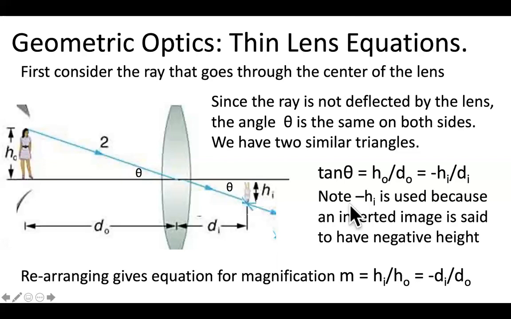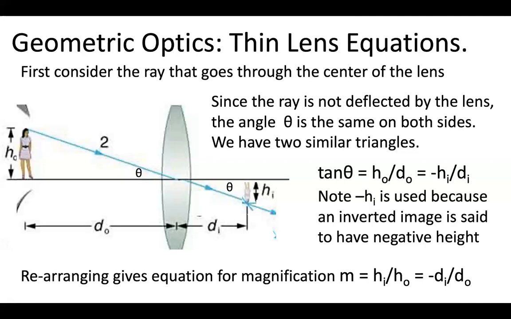But what it means is that the magnification, which is the ratio of these two heights, is also the ratio of these two distances with an extra minus sign because of how h was defined. So the magnification is not just the ratio of the heights, it's also the ratio of the distances, which is kind of interesting, but not terribly useful yet, because we don't know this distance yet. But we can get that.